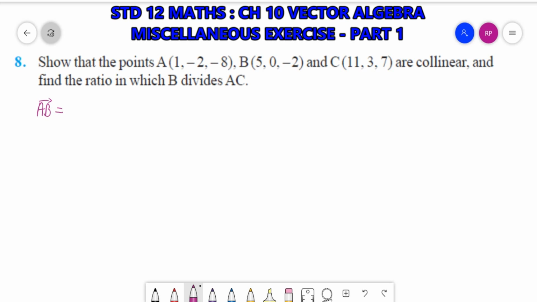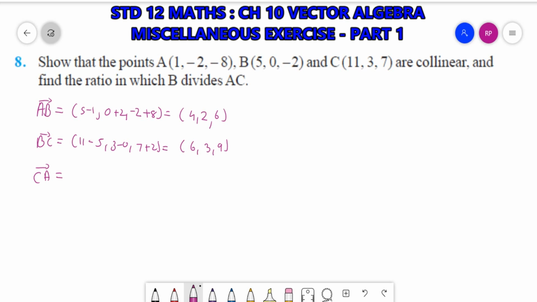Vector AB is B minus A, so 5 minus 1, 0 minus (-2), -2 minus (-8). This will be equal to 5 minus 1, 4, 0 plus 2, 2, -2 plus 8, 6. Vector BC will be 11 minus 5, 3 minus 0, 7 minus (-2). 11 minus 5 is 6, 3 minus 0 is 3, and 7 plus 2 is 9.